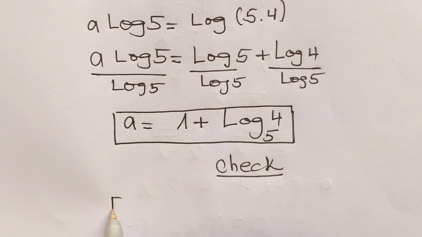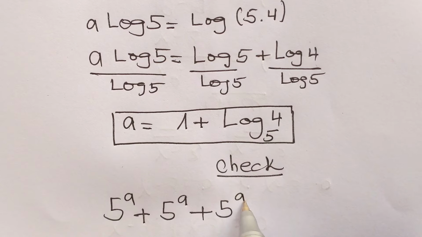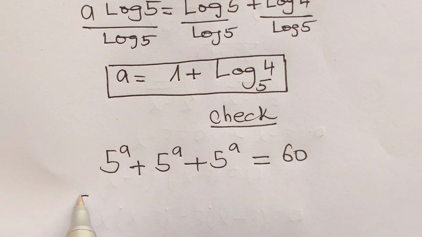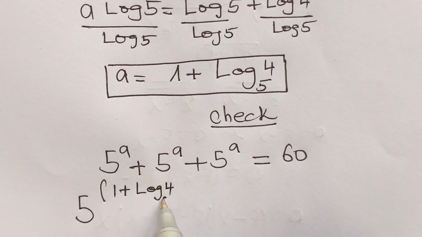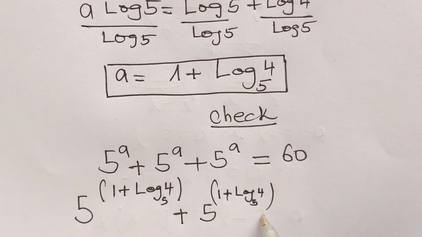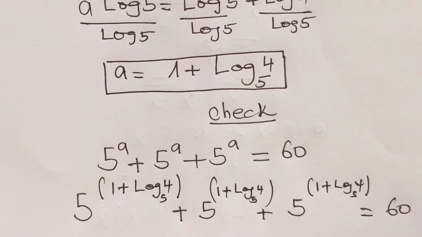We have given 5^a + 5^a + 5^a = 60, and of course 5^a is equal to 5^(1 + log_5 4). So 5^(1 + log_5 4) + 5^(1 + log_5 4) + 5^(1 + log_5 4) equals 60.